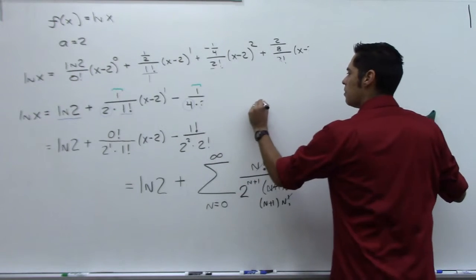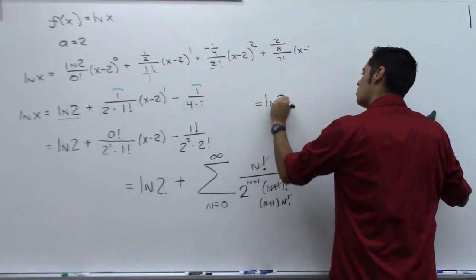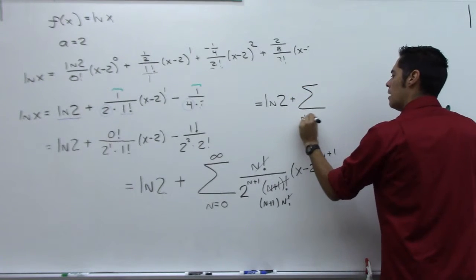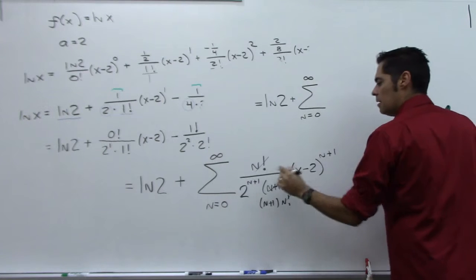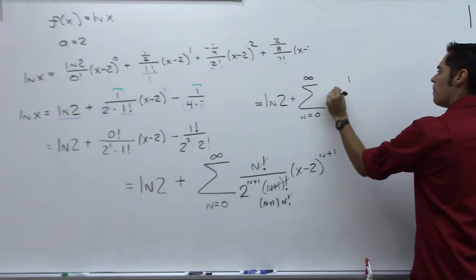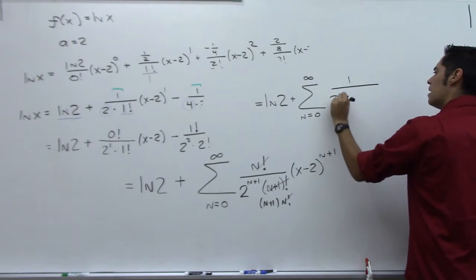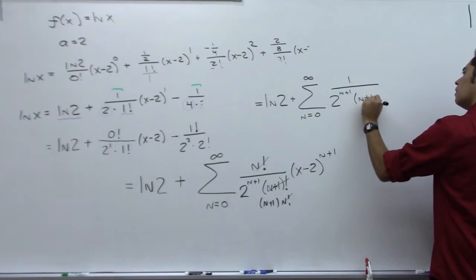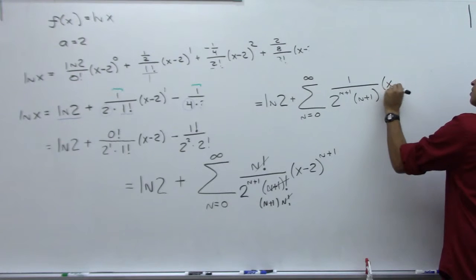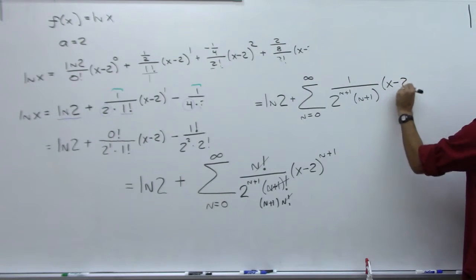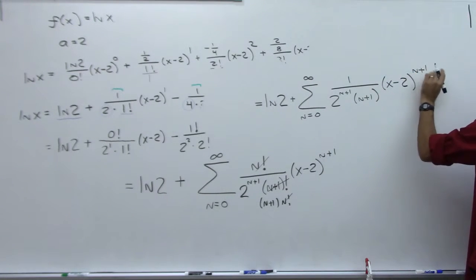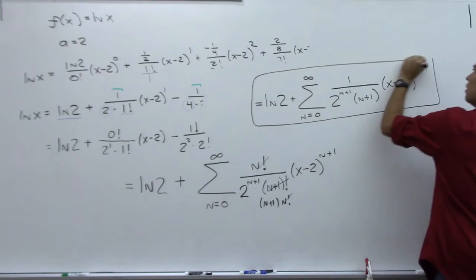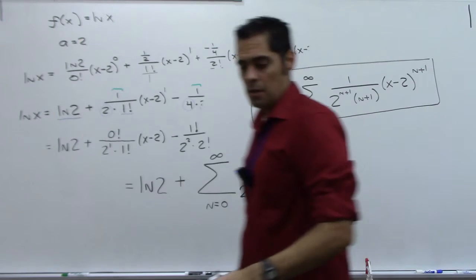So this is equal to natural log 2 plus sum n equals 0 to infinity. On top you have a 1. On the bottom you have 2 to the n plus 1, and then n plus 1 here, and then times x minus 2 to the n plus 1. And that is your Taylor series for natural log of x about 2.